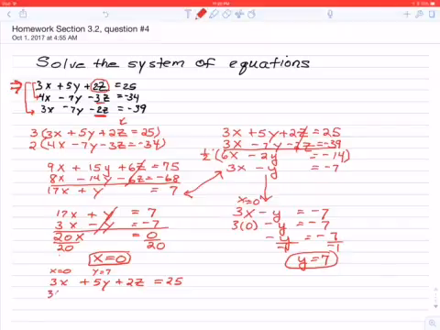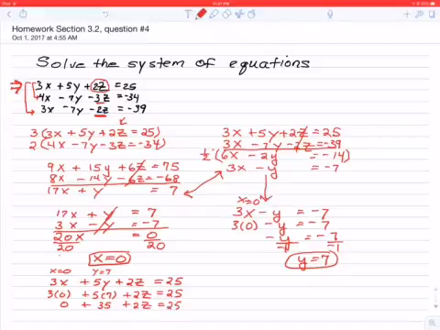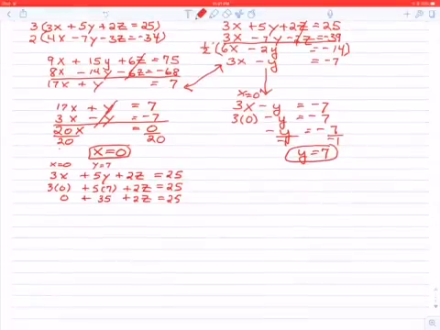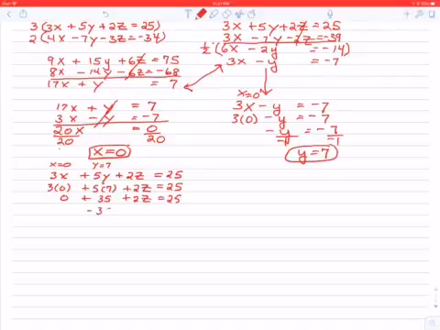So I have 3 times 0 plus 5 times 7 plus 2z equals 25. So 0 plus 35 plus 2z equals 25. I'll subtract 35 from both sides. So 2z equals negative 10, solving for z. I get z equals negative 5.